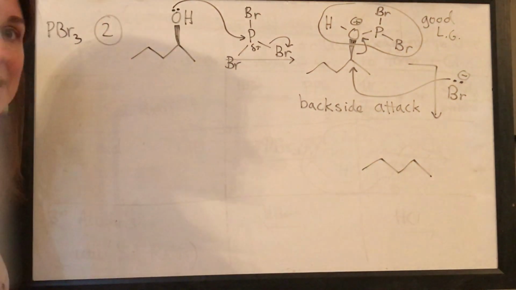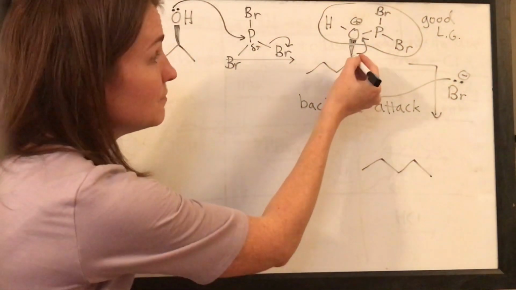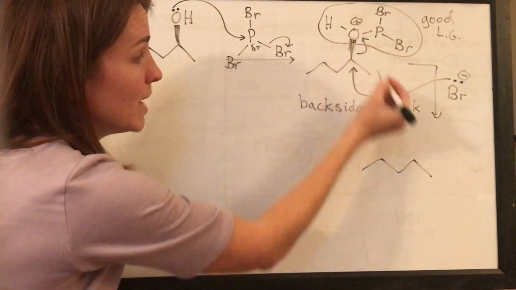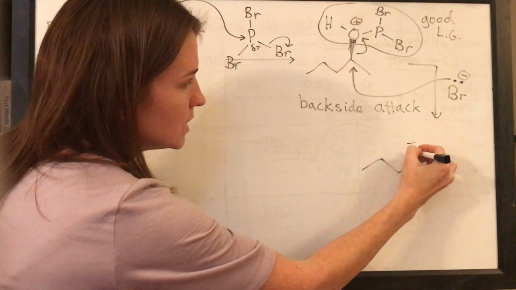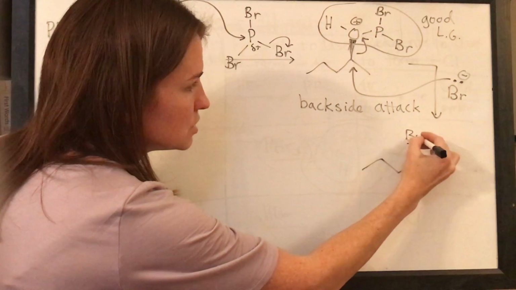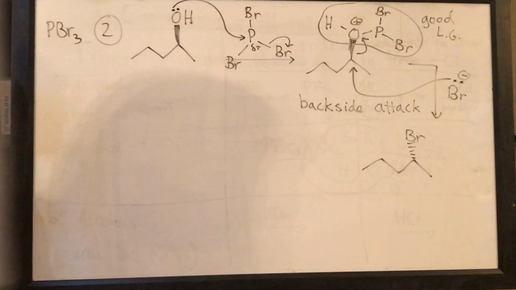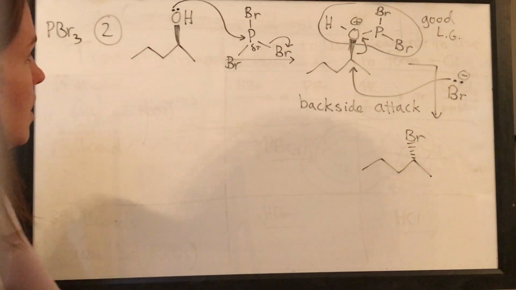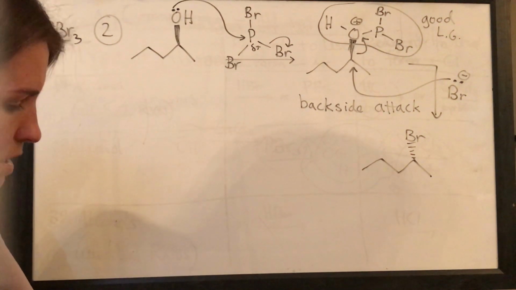And because it's an SN2 mechanism, we also see an inversion of configuration. So where I had a wedge here on this secondary carbon, that is now going to become a dash. Inversion of configuration happens. Okay, so that was PBr3.